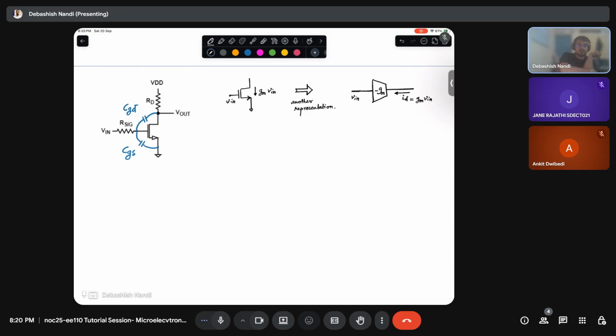Is it okay? This block is called OTA, Operational Transconductance Amplifier.